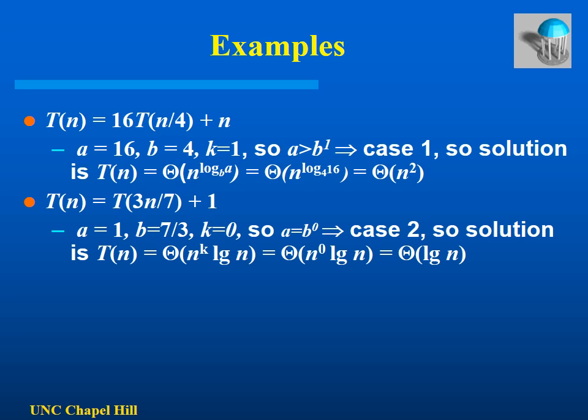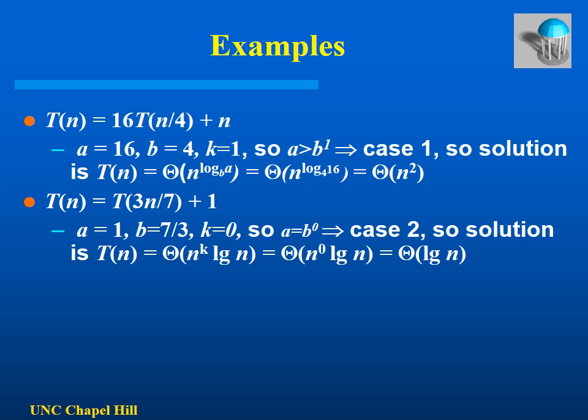And indeed, you could use it for the case a equals 2, b equals 2, and k equals 1, in which case you'd be comparing a equals 2 to 2 to the 1, which is the equality case, and you will see that the solution is theta of n log n.